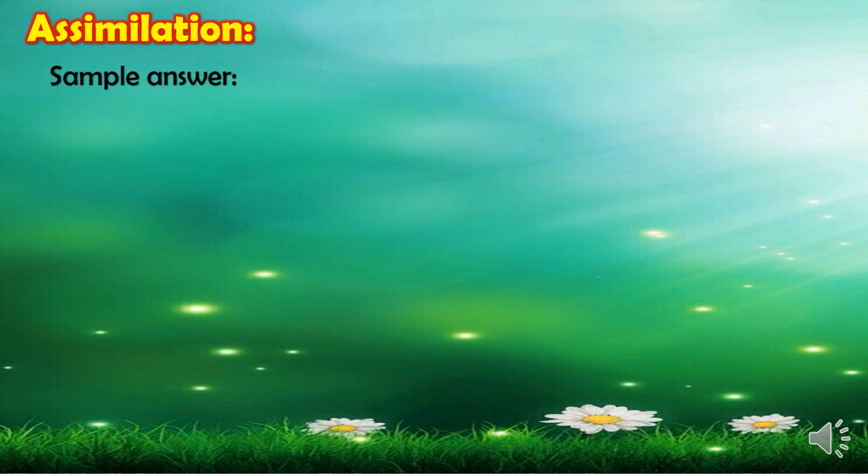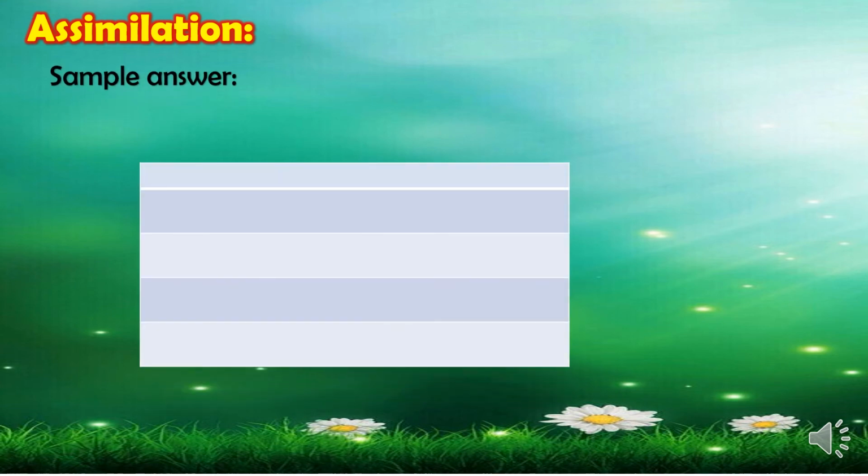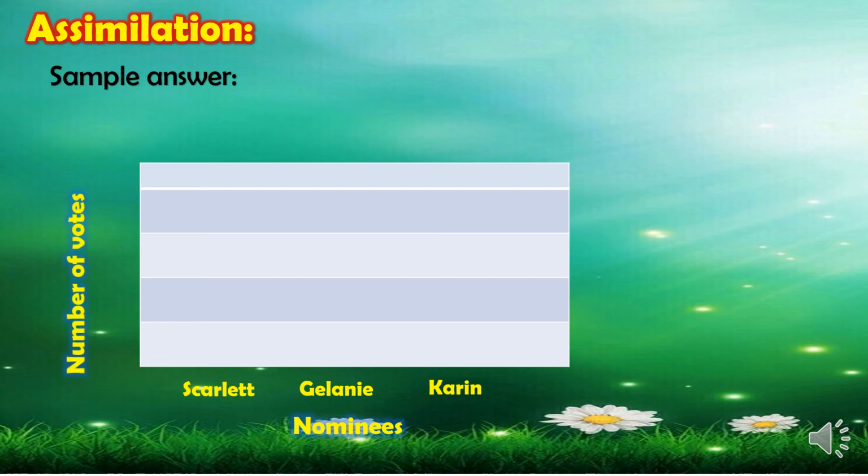So here is my sample answer. We have Scarlett, Jelani, and Karin. They are the nominees. Then we have the number of votes, from 0, 5, 10, 15. Scarlett got 9.